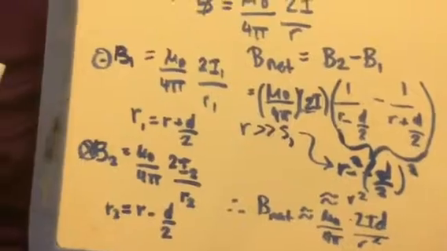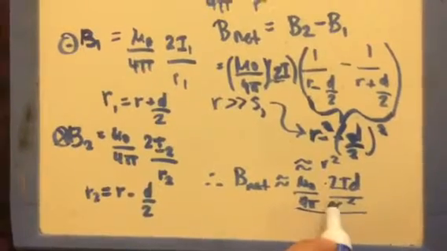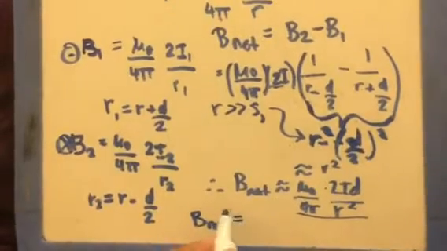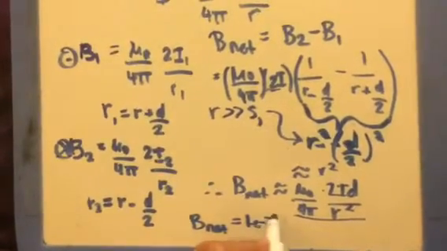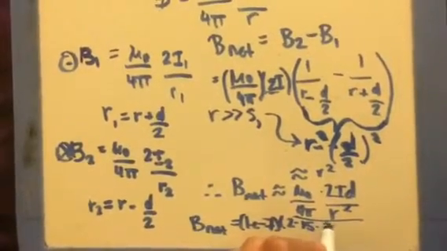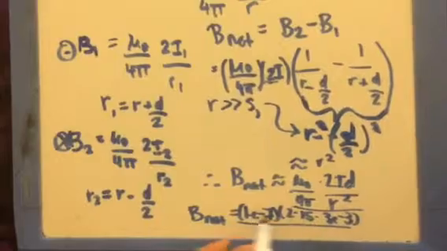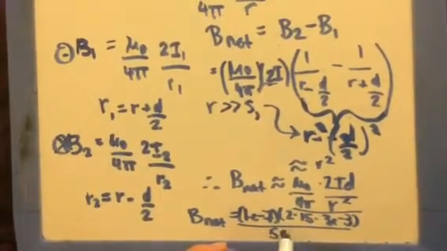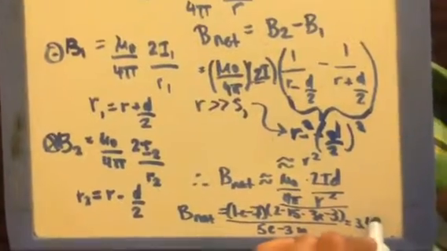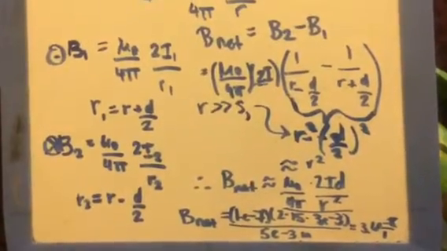If we substitute in all the values for this equation, they're all given to us, we essentially get that B net is equal to 1e negative 7 times 2 times 15 times 3e negative 3 all over 5e negative 3 meters, right? And that is equal to 3.6e negative 8 teslas. So that is part 1.